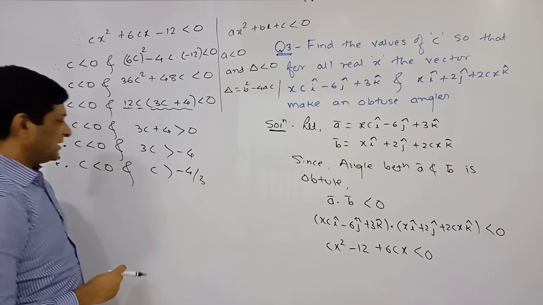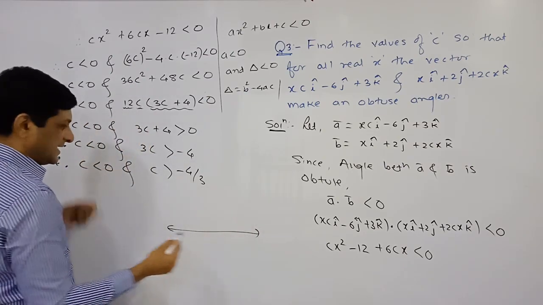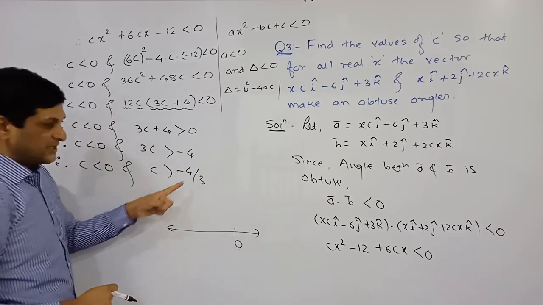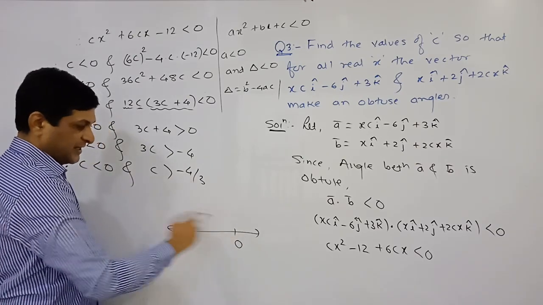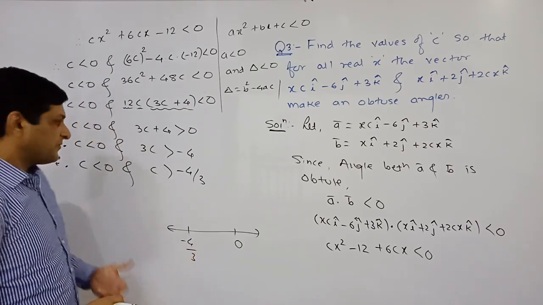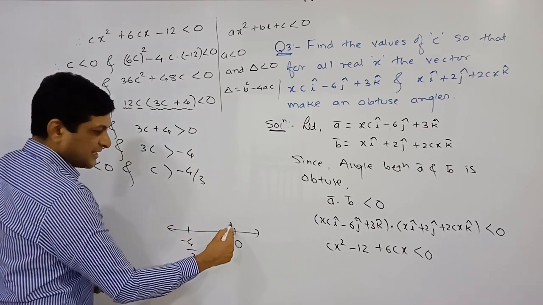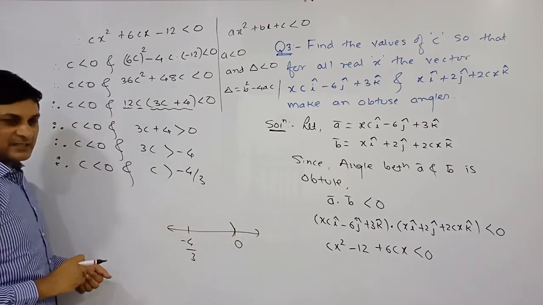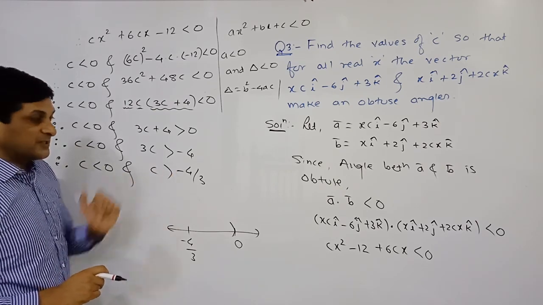Now what result have we got here? c is less than 0, so first consider 0 here, and the second number is minus 4 by 3. Definitely minus 4 by 3 is on the left hand side of 0. Our first condition says that c is less than 0, means c lies on the left hand side of 0. And here we are getting c greater than minus 4 by 3.